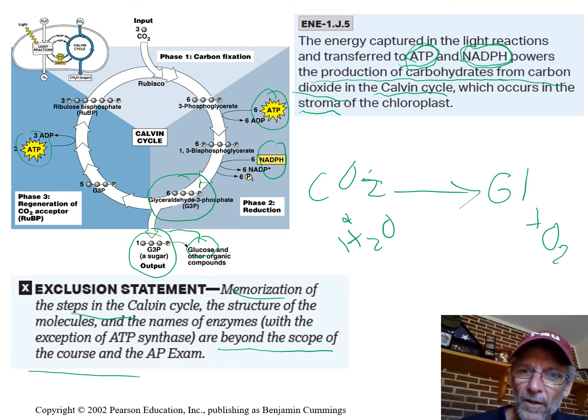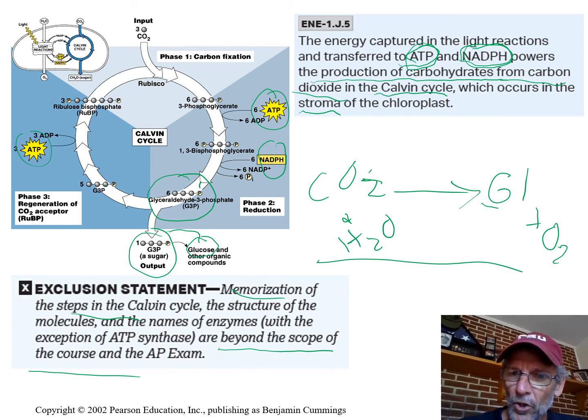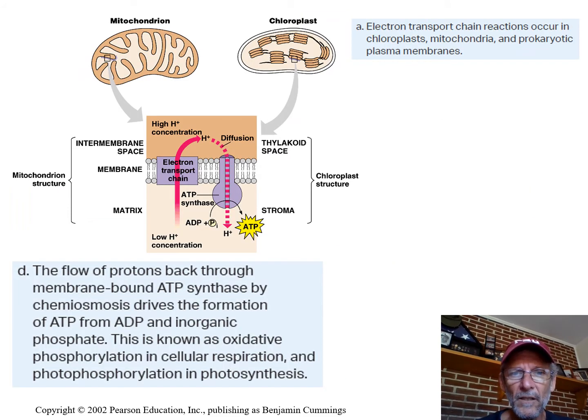Don't get too far away from this basic formula. Here's where the glucose can come from. Literally not part of photosynthesis, but another little set of reactions that takes this G3P and makes glucose out of it. Enough of that.